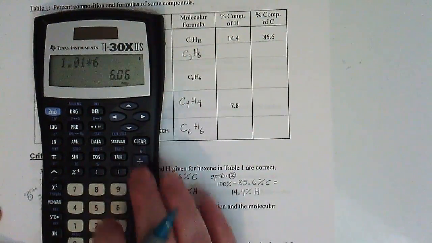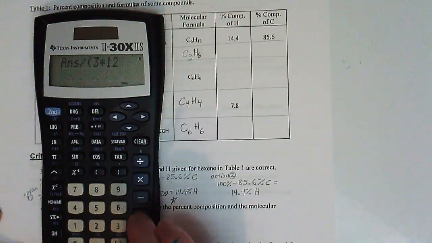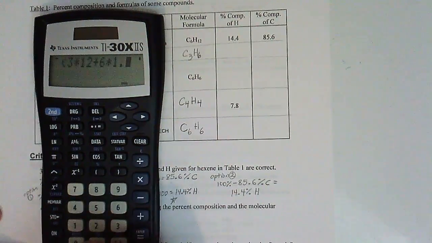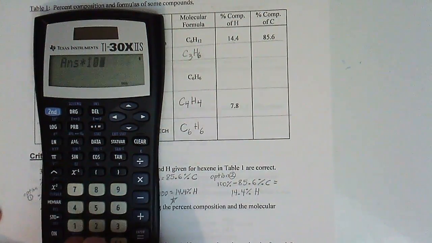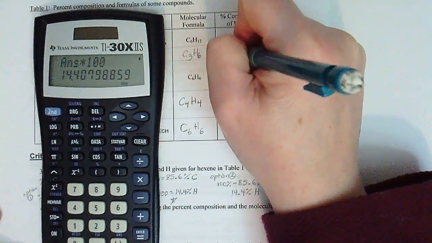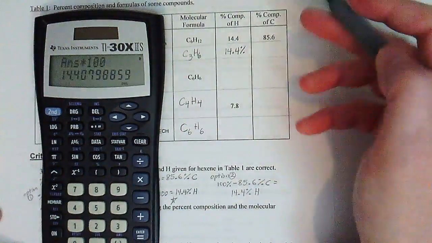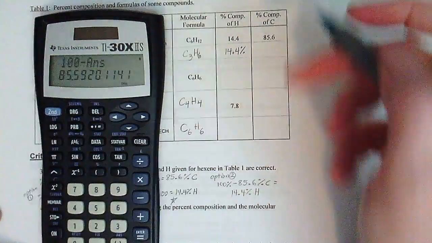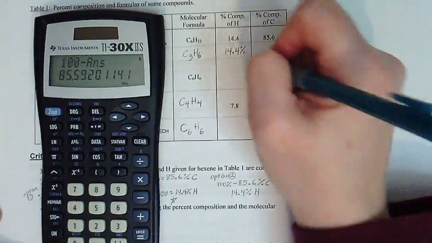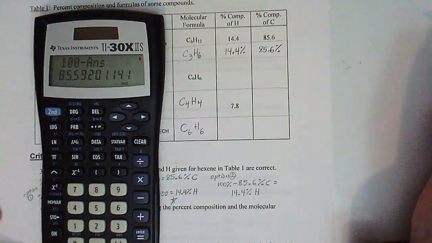Divided by 3 times 12 plus 6 times 1.01, times 100, and I get 14.4%. Now, 100 minus my answer, and I get 85.6% carbon.